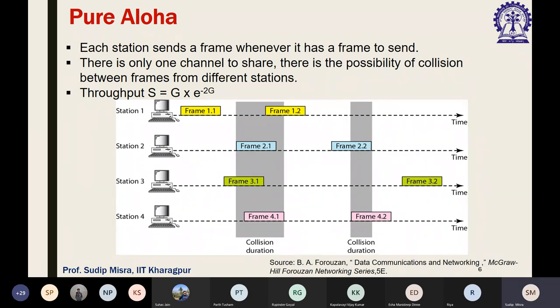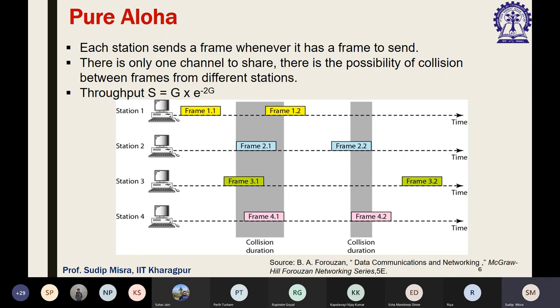Here in binary exponential backoff, a random number will be chosen between the values 0 and 2 to the power k minus 1. What is k? K is the number of unsuccessful transmission attempts that were made by the station.